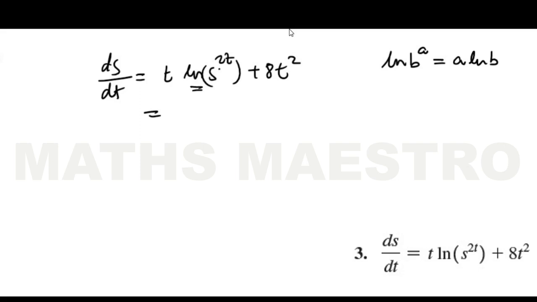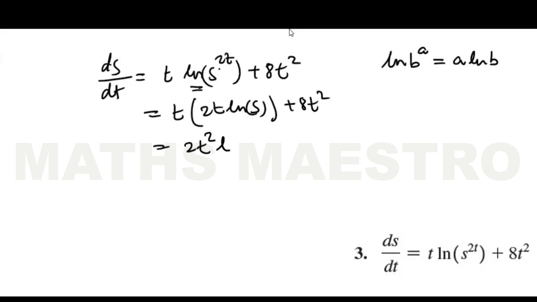If we apply the same rule here, this can be written as 2t ln s plus 8t^2, and this can be written as 2t^2 ln s plus 8t^2. Now if we take 2t^2 common from both the terms, we will be left with ln s here, and here it will be just 4.